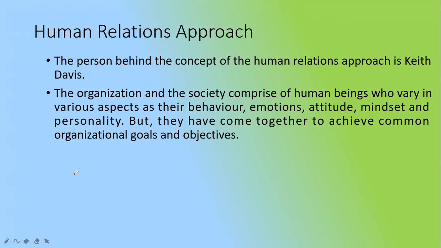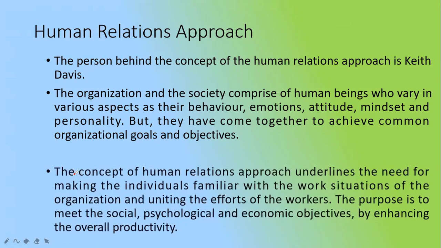Keith Davis says we have to make people understand the work situations of the organization. We have to make efforts to unite the workers. The purpose is to meet social, psychological, and economic objectives by enhancing overall productivity.